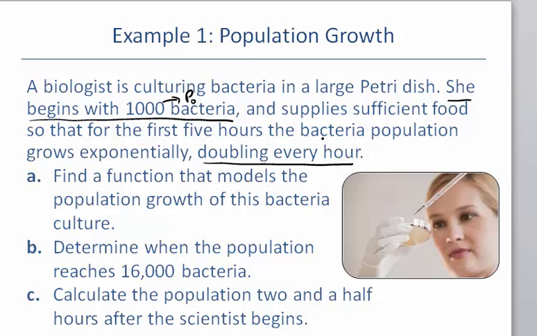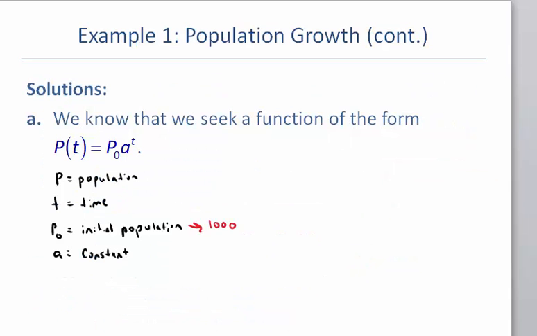So what does this mean? This tells us that after 1 hour, the population is what? We started with 1,000. We know that it doubles every hour. So we know after 1 hour, the population will be 2,000.